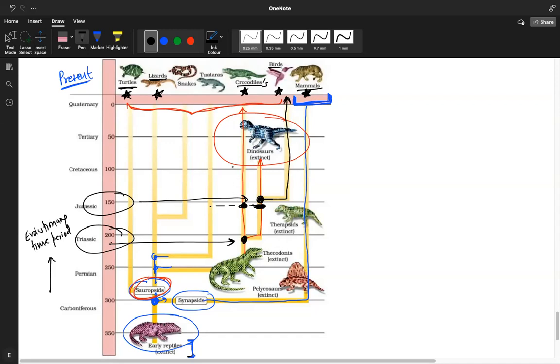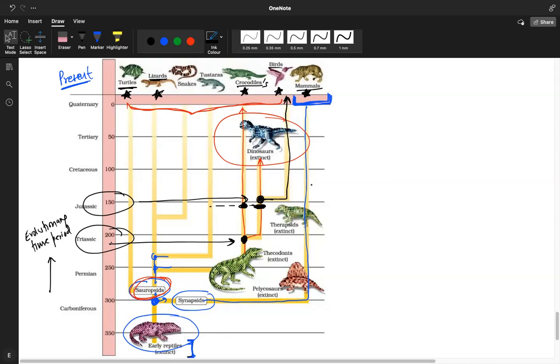Next, we have the birds. They are also called the apes, and they have evolved from the pterodons. Their closest ancestors are the dinosaurs, and they are also the dinosaurs' closest ancestors.